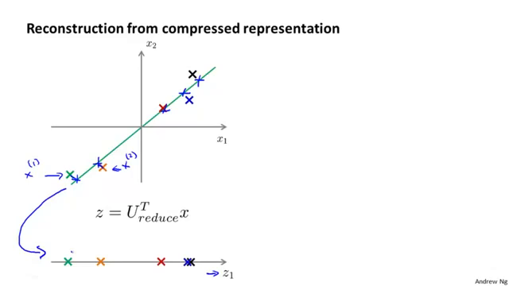So given a point Z1, how can we go back to this original two-dimensional space? And in particular, given a point Z, which is in R, can we map this back to some approximate representation X in R2 of whatever the original value of the data was?